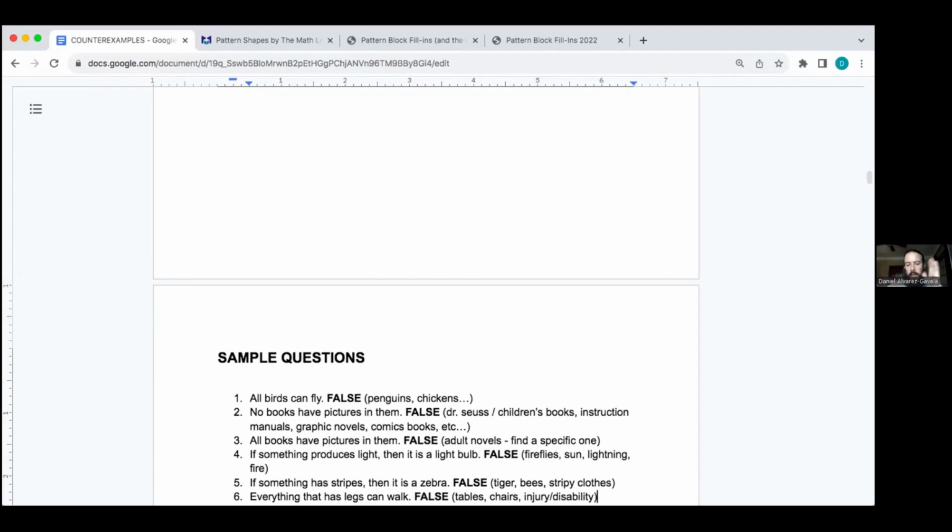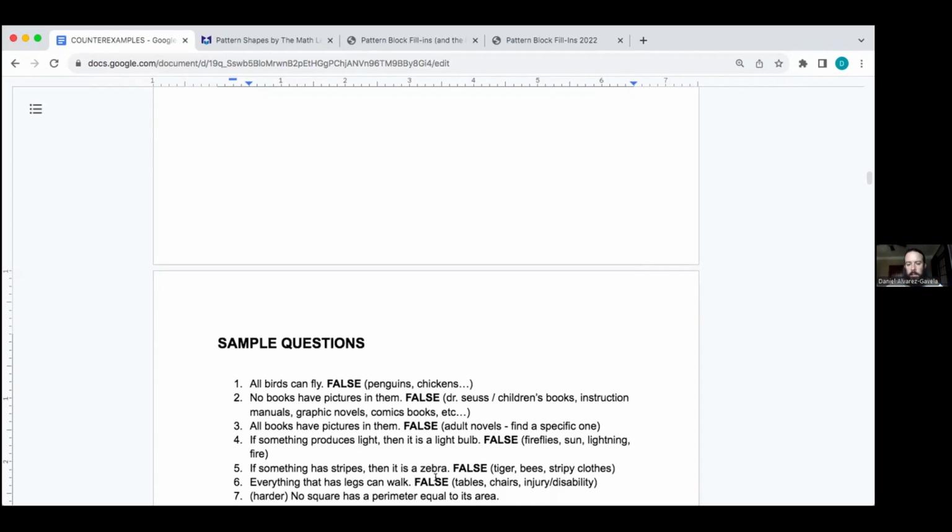The statement is everything that has legs can walk. And so in order to disprove it, you just need to exhibit a thing that has legs. It just means that in our common language, we refer to it as having legs, but it cannot walk. And tables and chairs are perfect examples of that.